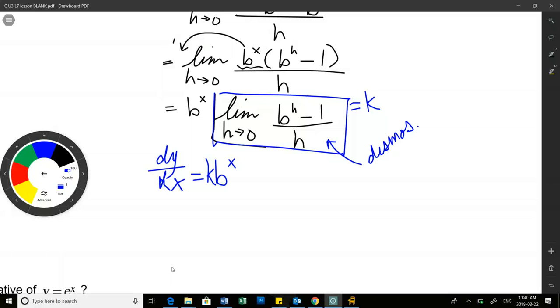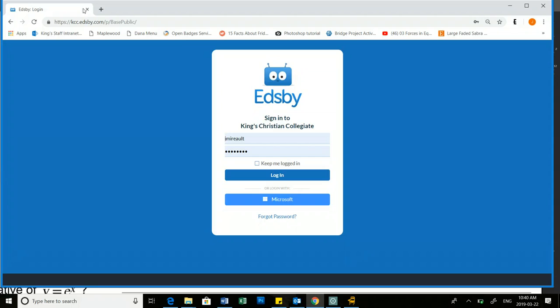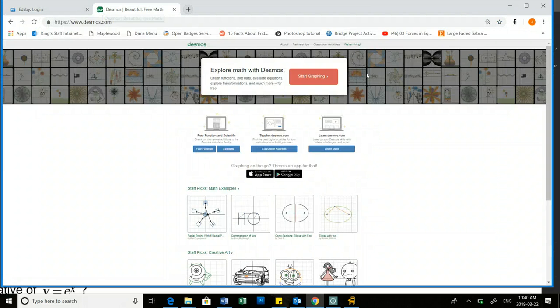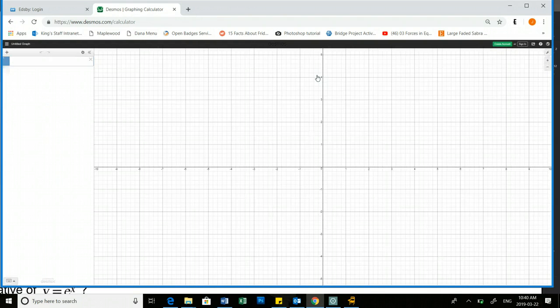But because we have access to graphing software right now, we might as well use it. So we're going to pull this up on Desmos. And instead of h, I'm going to use x here, but we know that it's our h value.